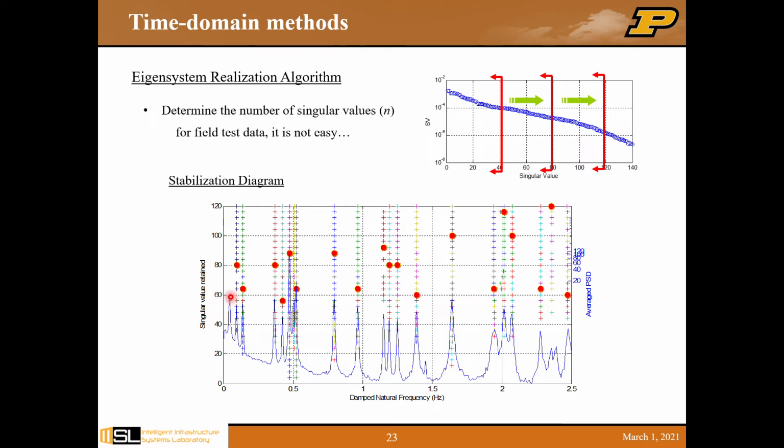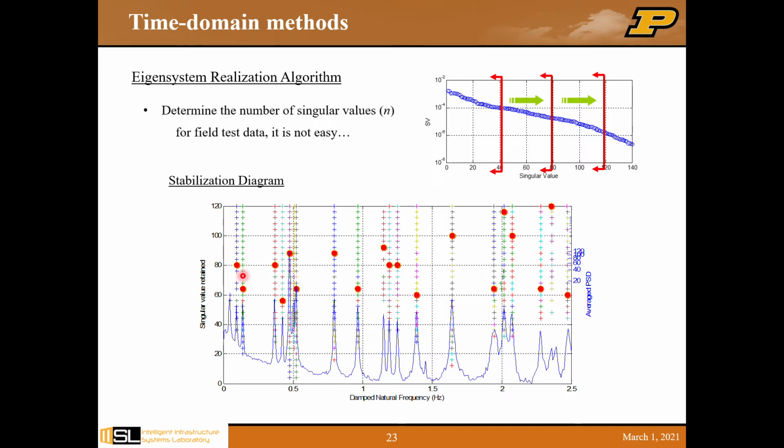Each marker here represents a mode that was identified. For example, it first identified the first peak and also the third peak here for 60 singular values. Similarly, we can repeat that and obtain all the identified modes, marked in this plot for different numbers of singular values.